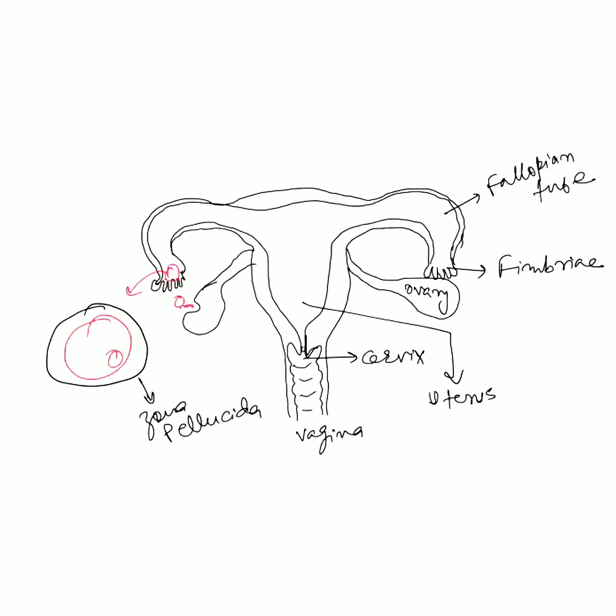Surrounding the zona pellucida there are cells known as corona radiata. This is the basic structure of the oocyte.